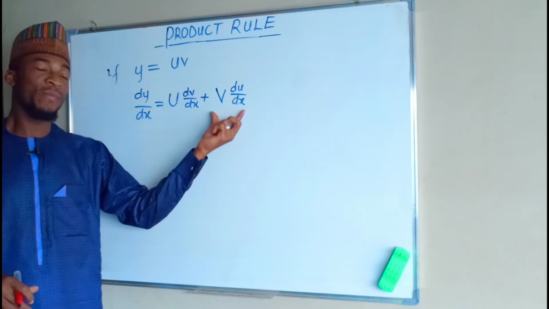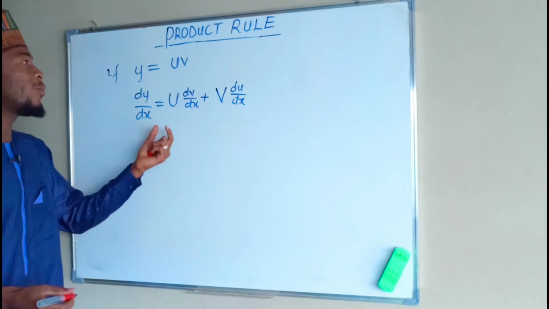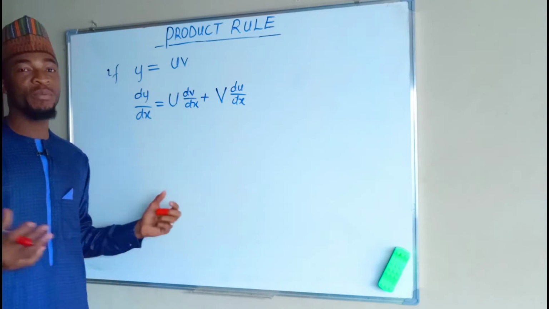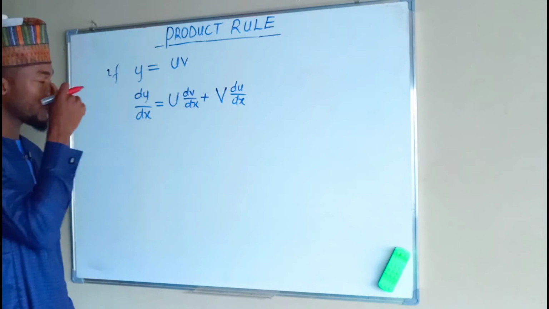You can write this one right before this because addition is commutative. And this formula for product rule is derived from the first principle too. If time permits, I'll show you how to prove this.